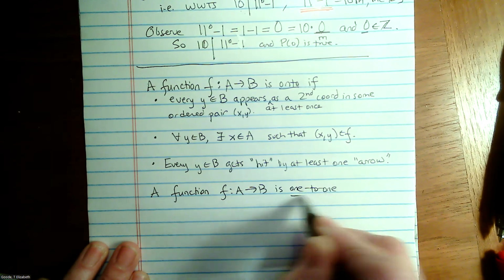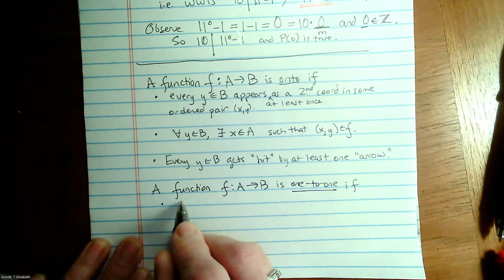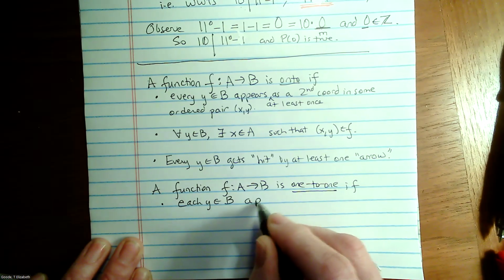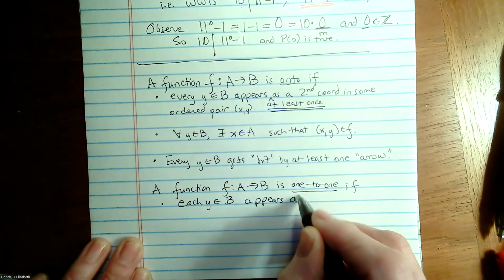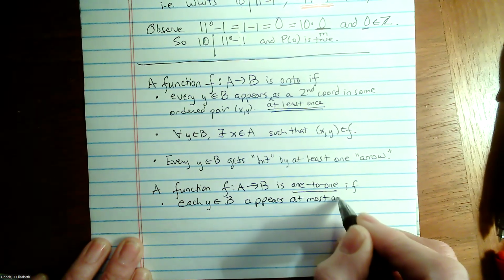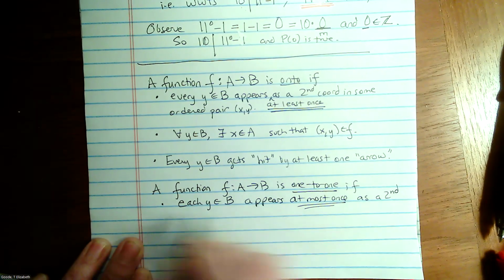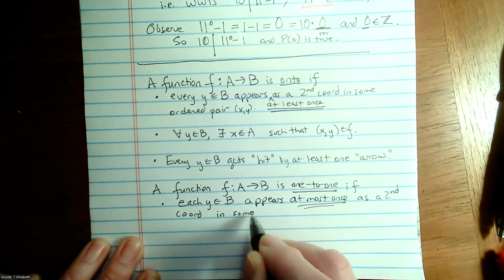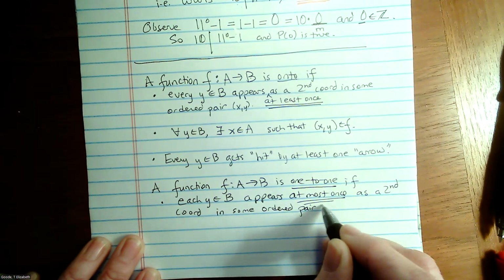And so a function f from A to B is one-to-one if each y in B appears, instead of at least once, at most once as a second coordinate in some ordered pair x, y.